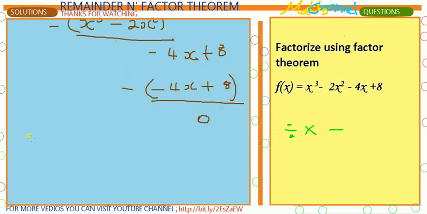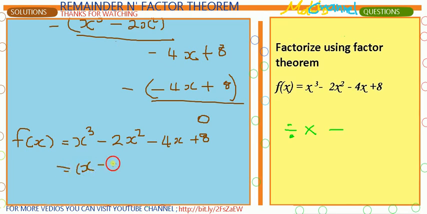So now you can go and further work with the factors. So you have to find the factors for the last part, which is that one. So you know that you have x minus 2 and x squared minus 4.